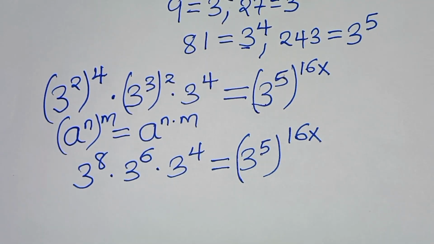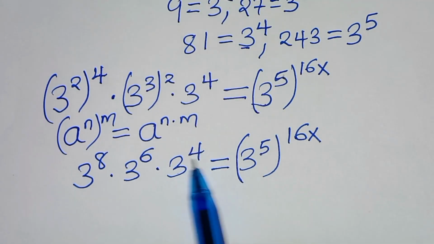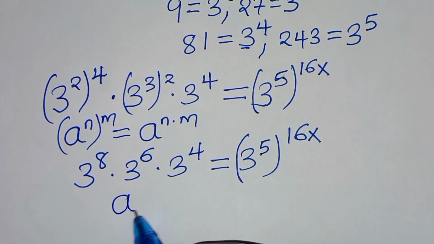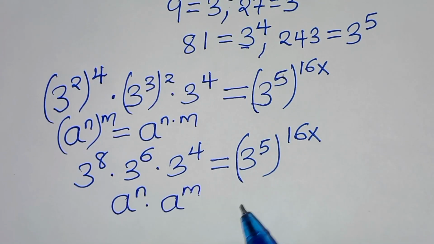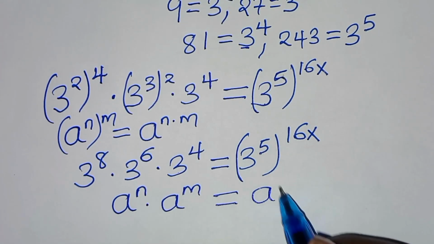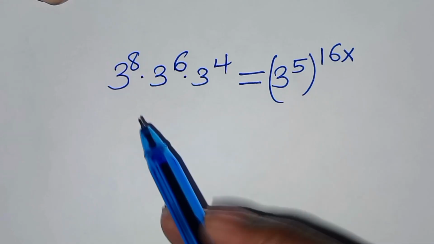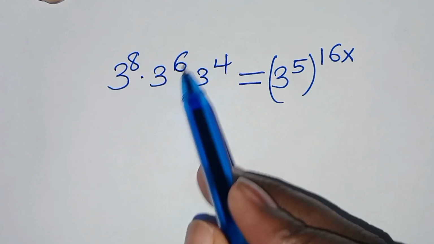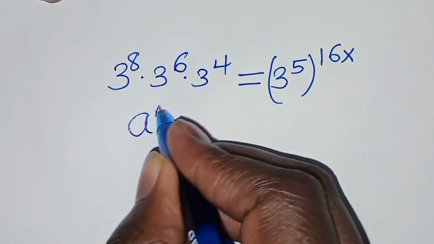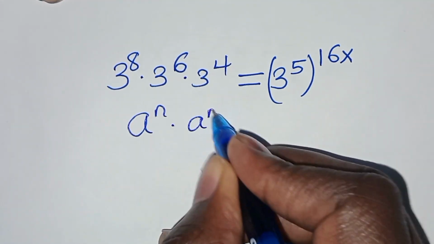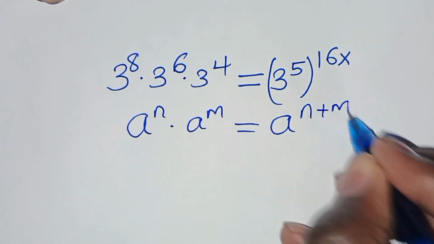The next step from here, we have that 3 to power 8 times 3 to power 6 times 3 to power 4. This is in the form of a to power n times a to power m, which we can express as a to power n plus m.